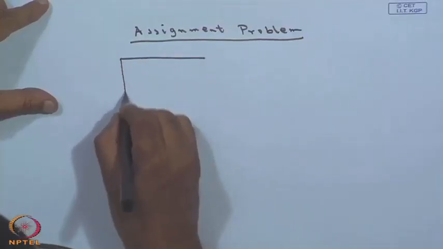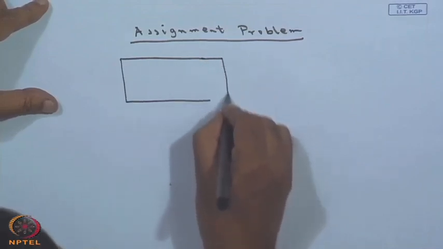What can be the cost? The cost may be the cost of the labor, or the time the worker takes to finish a particular job. So, the cost function may be the actual cost of the labor, or it may be in terms of time. If you see, we have a matrix something like this.